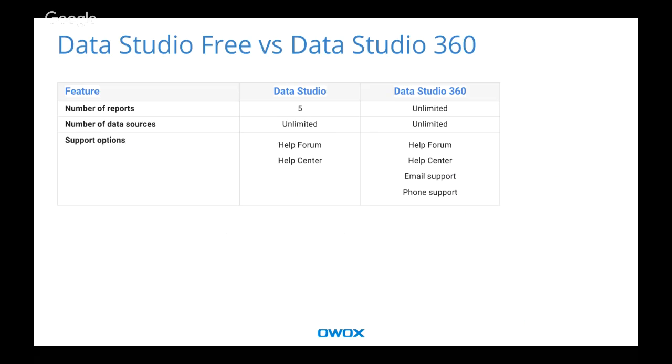The number of data sources is unlimited in any version, whether free or 360. The level of support is different. If you get Data Studio from a reseller, I mean the enterprise-level version 360, then you can also get email support and phone support. It depends on the reseller you're working with.